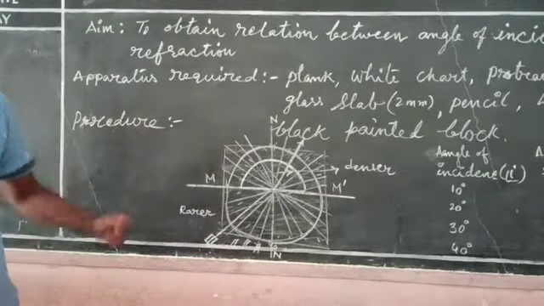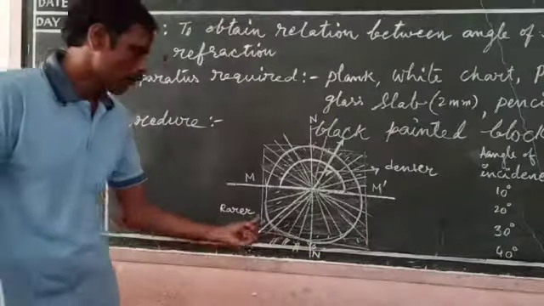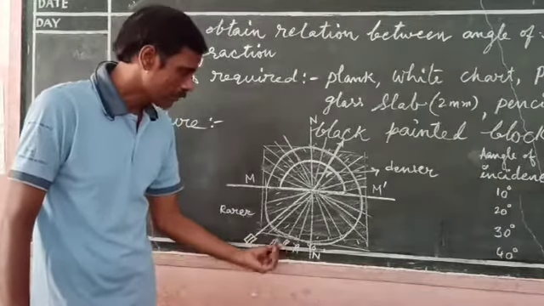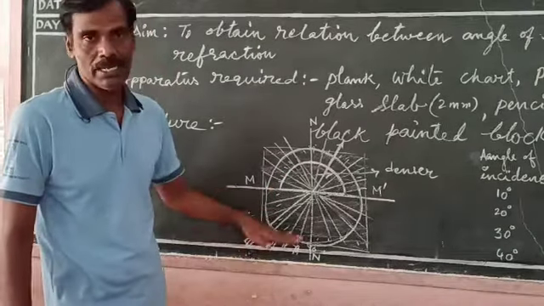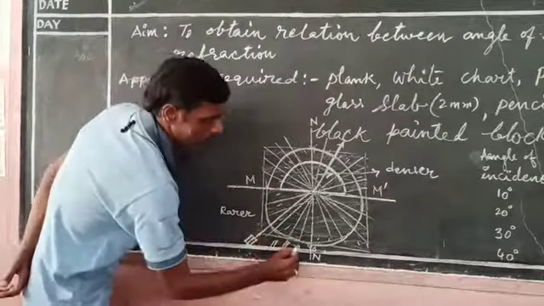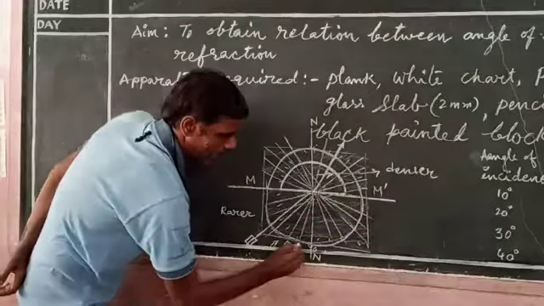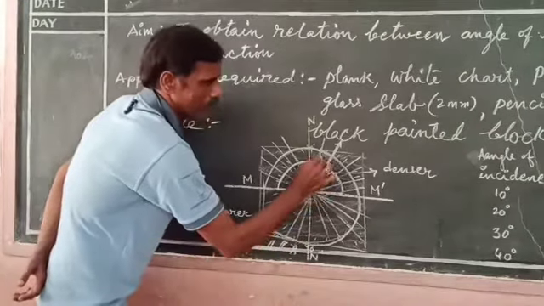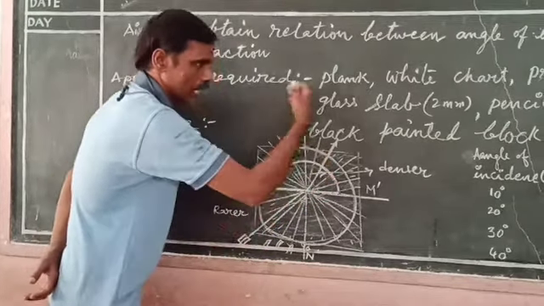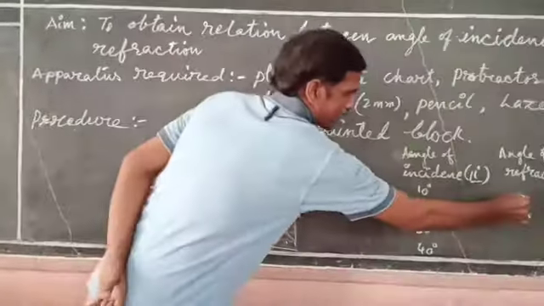Now take a laser light and focus the laser light from the rear side, that is from the other side of the glass slab, by taking 10 degrees angle initially, and by observing the refracted ray from the other side, note down the refracted angle.